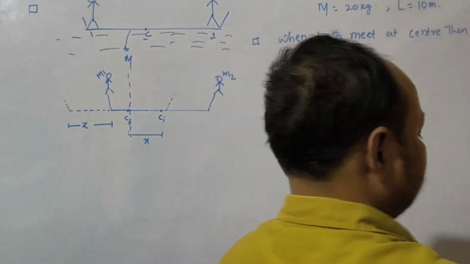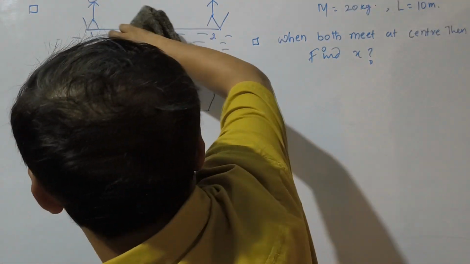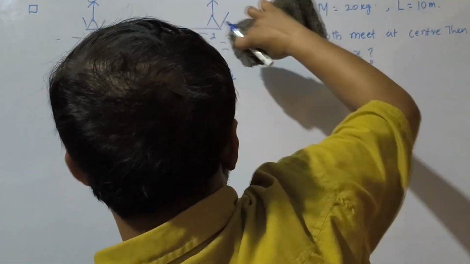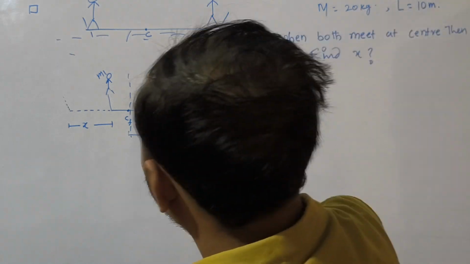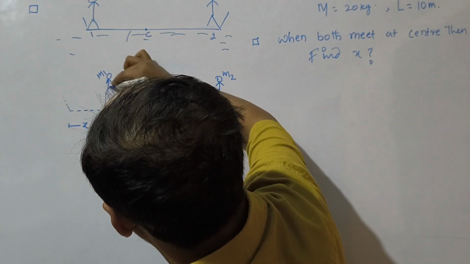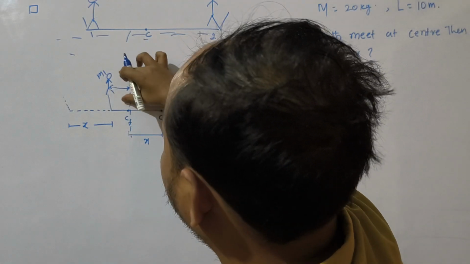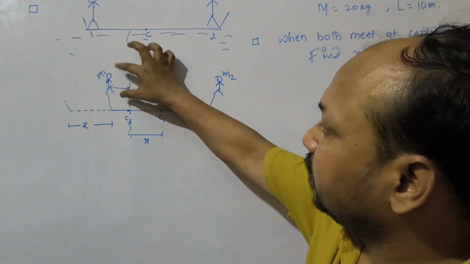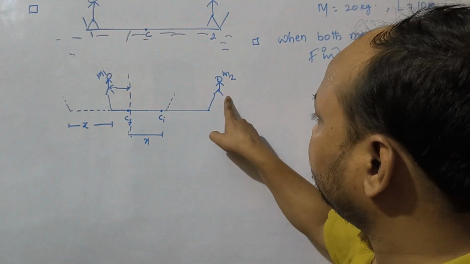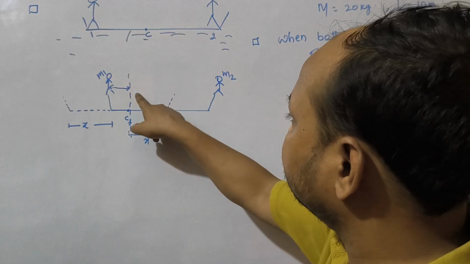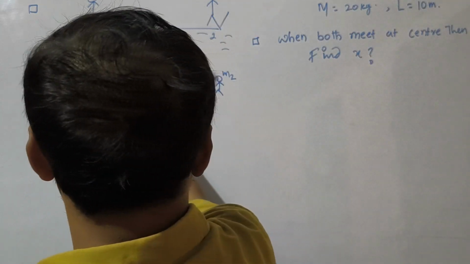Let me erase some here. So now this M1 has to cover this distance. I think this distance is visible. And this M2 has to travel this distance.